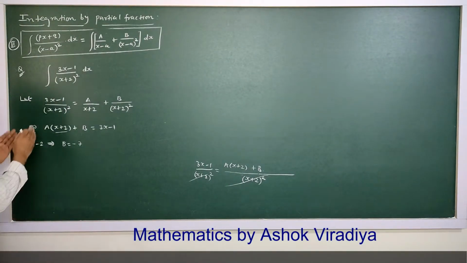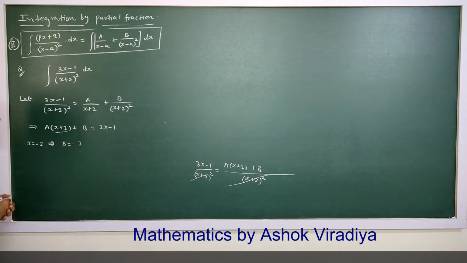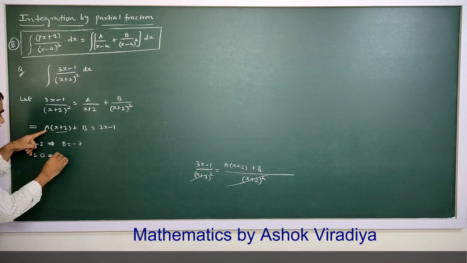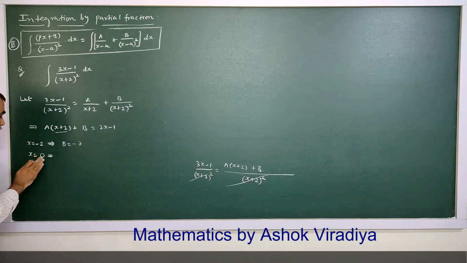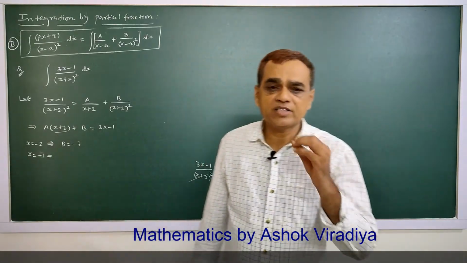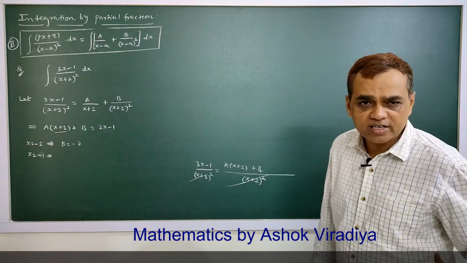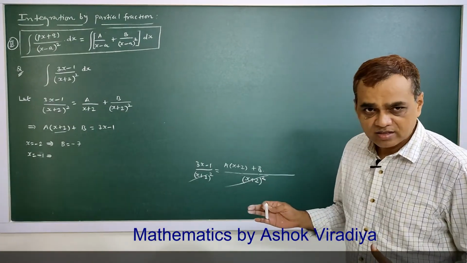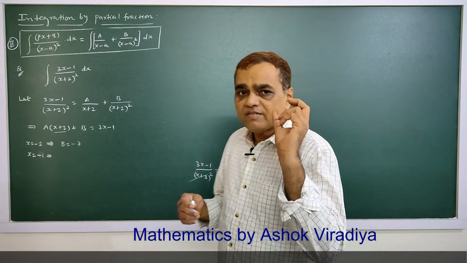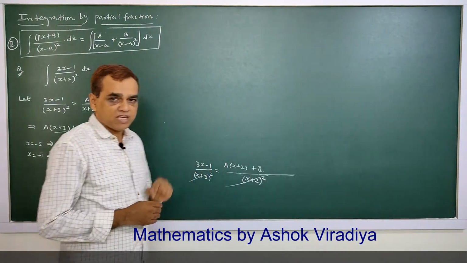Now, to get the value of a, what do we do? Now we choose x equal to 0, or you can also take x equal to minus 1. You can take any value of x: 0, 1, 2, 100, 200, whatever you like. But we are choosing in such a way that with minimum calculation we can get the values of a and b.